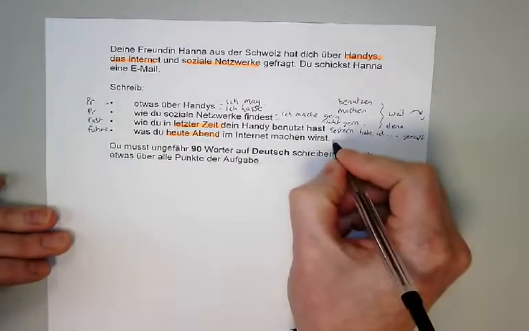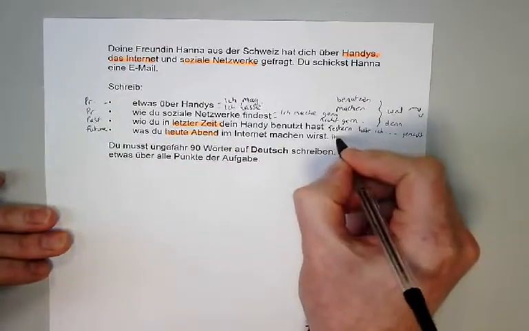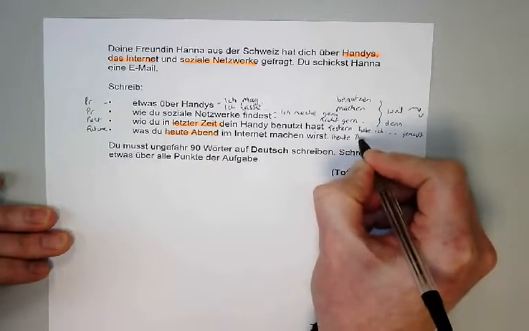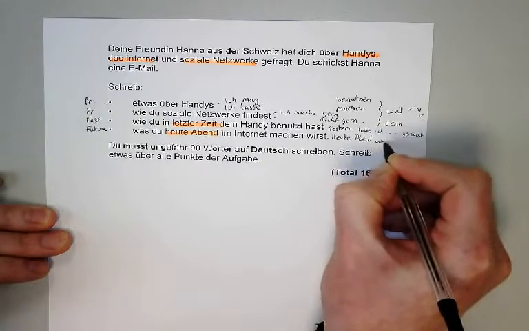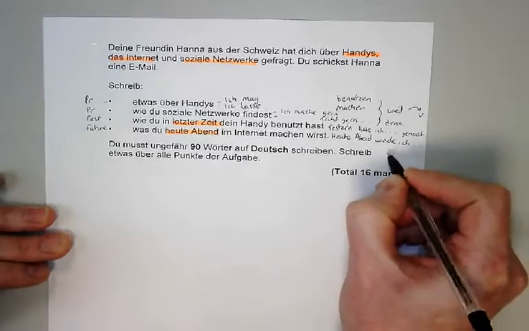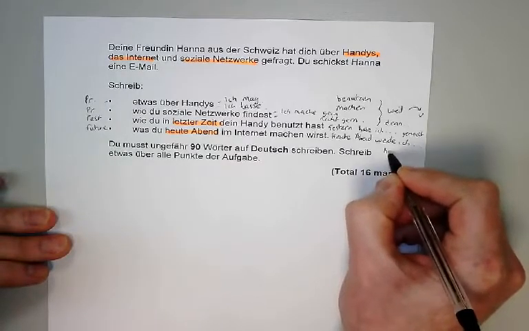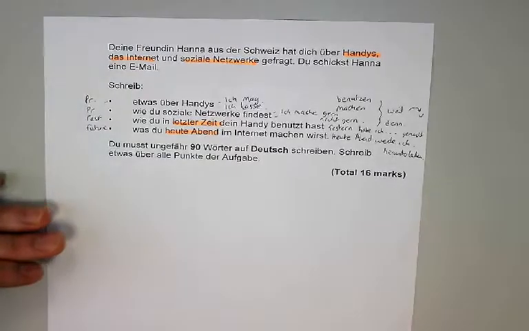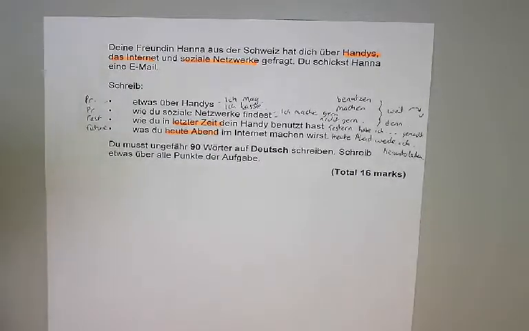And then we've got the future tense, so heute Abend, we can recycle that time phrase, heute Abend, werde ich, and then remember your infinitive at the end here. So herunterladen, for example. And just remember to give some nice varied opinions with that as well.